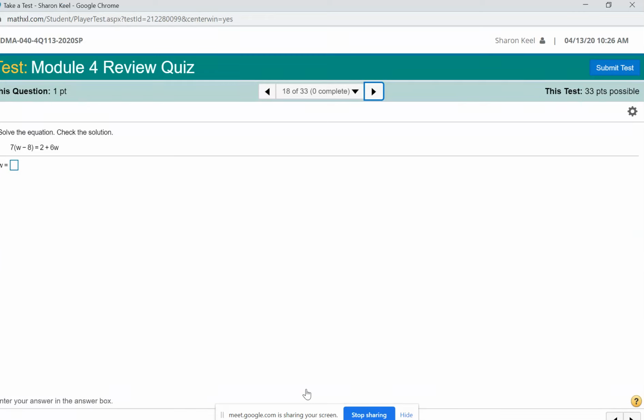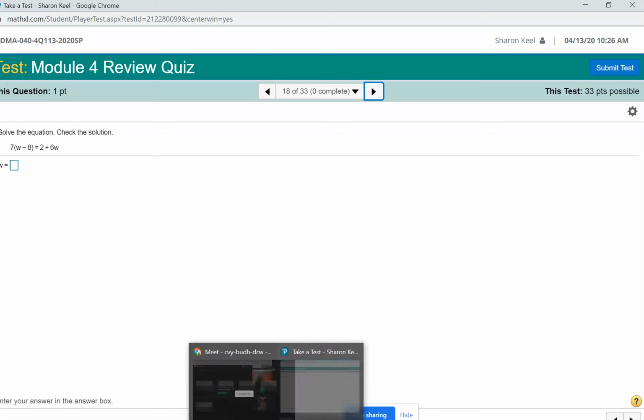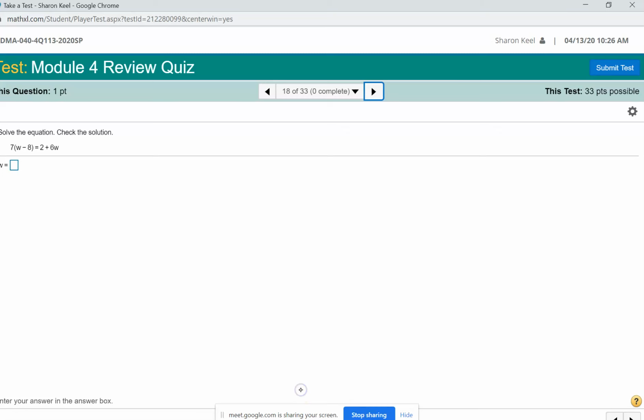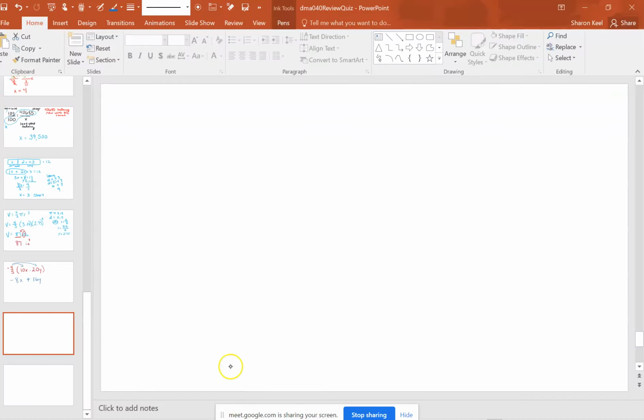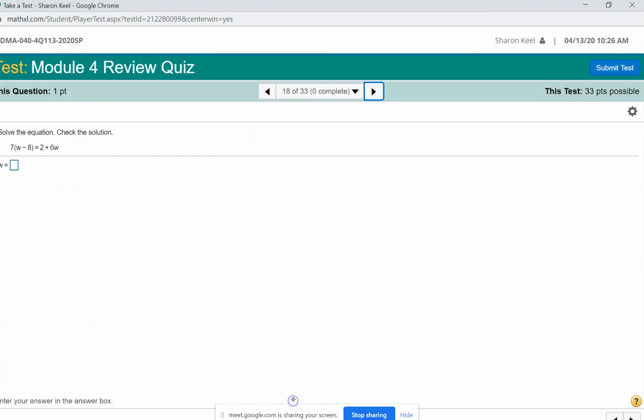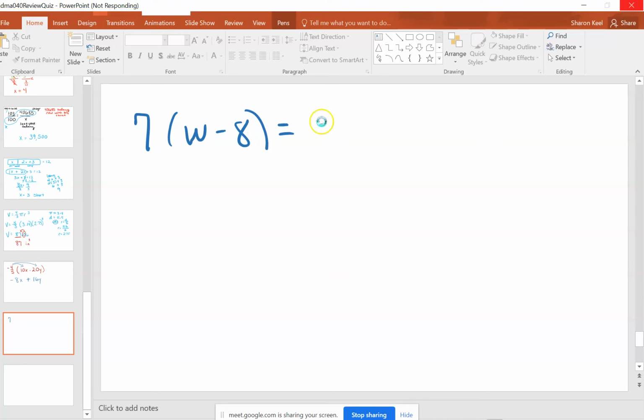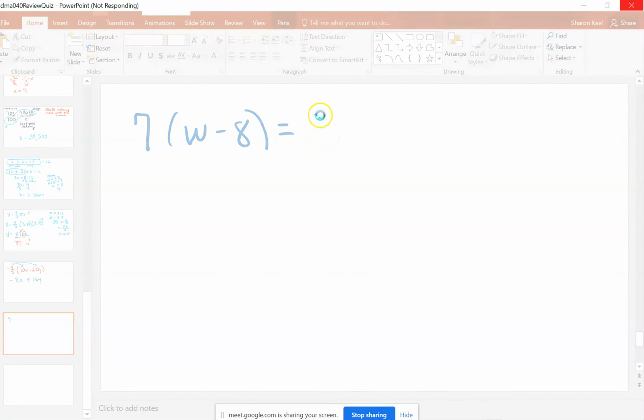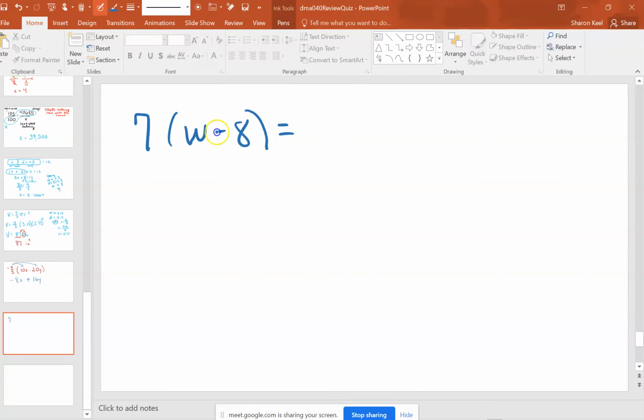Solve the equation. So 7w minus 8 equals 2 plus 6w.